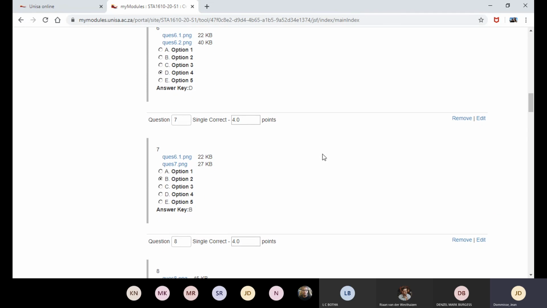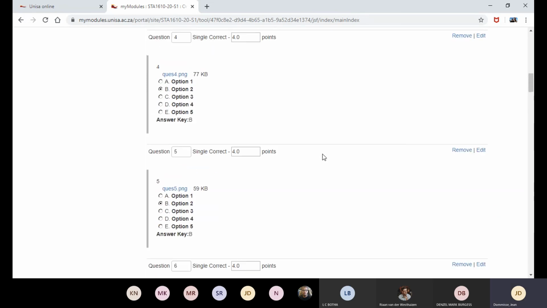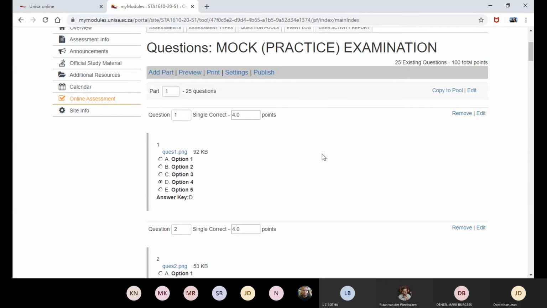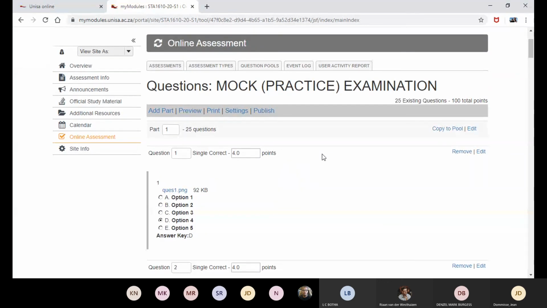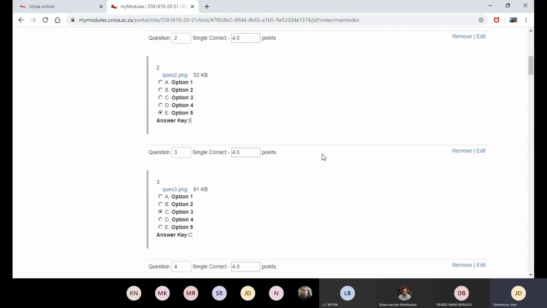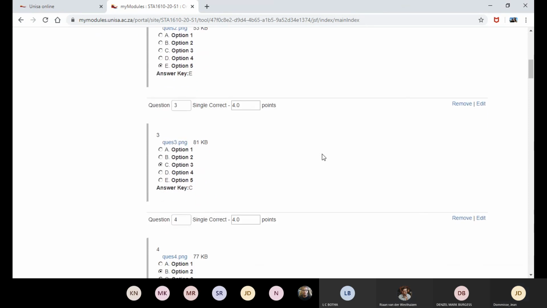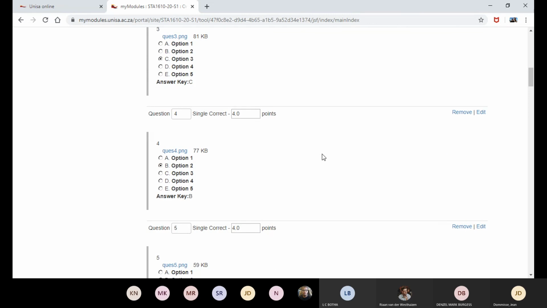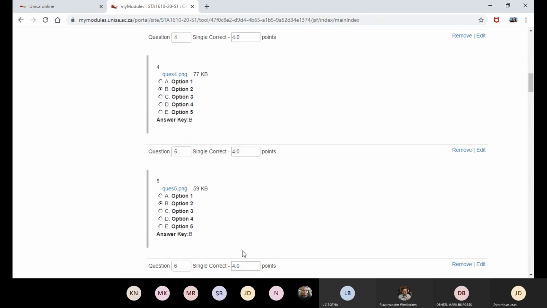Okay, so this is for answers. Isn't this for answers? It looks like you have access to edit this assessment. See, and there was the question 5 that we now debated was option 2.